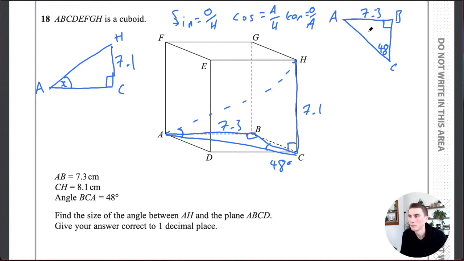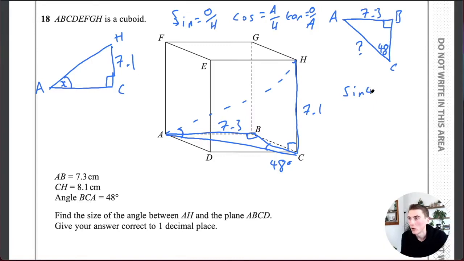So if we think of this one, we want to find this length here, don't we? And remember, this side is opposite the right angle. So this is our hypotenuse, and we know the opposite. So we want one with opposite and hypotenuse, which is this one over here, sine. So if we do our working, normally you would spread this out down the page, but I don't want to scroll.